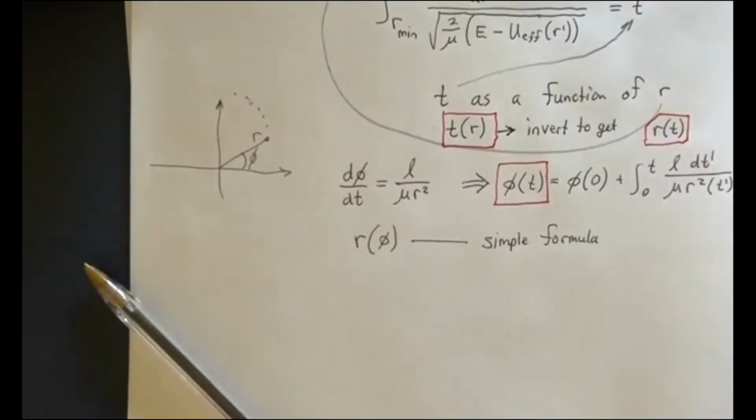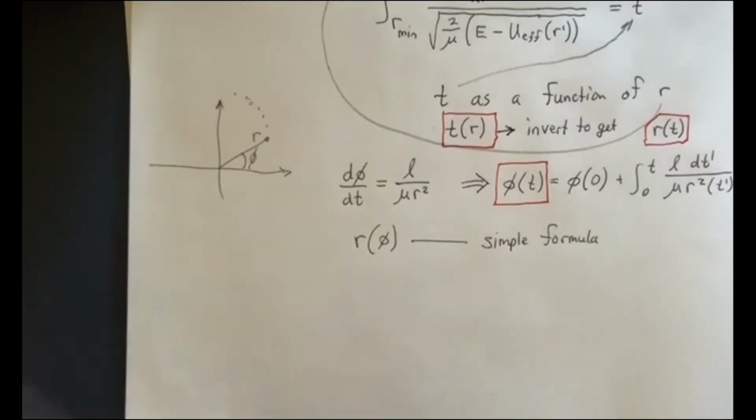In both cases, in the case of the gravitational problem, as well as the case with the spring problem, you get elliptical orbits. The funny thing is, for the gravitational problem, the force center is at one of the two foci. So for example, for planets orbiting, the sun is at a focus, okay? For the simple harmonic oscillator, you have elliptical orbits, but the force center is at the center of the ellipse, not at one of the foci.